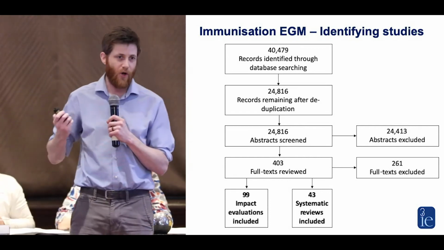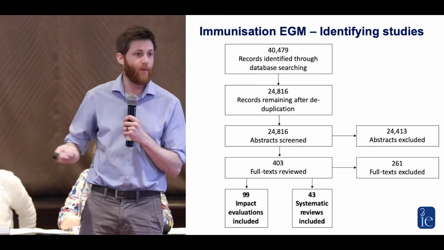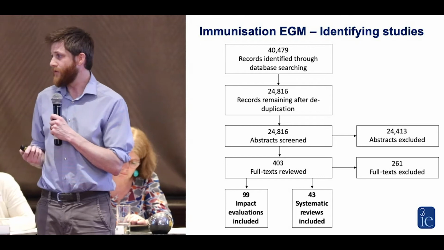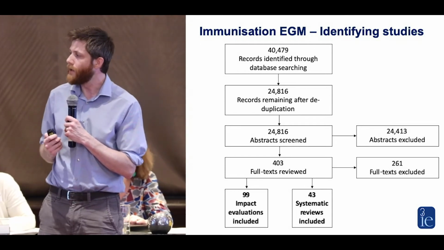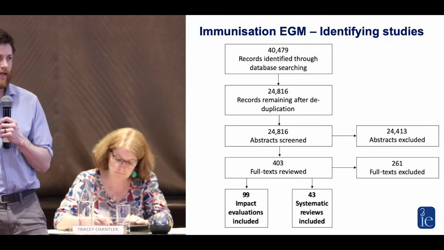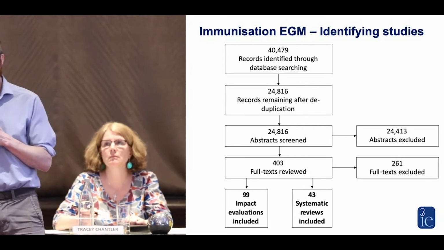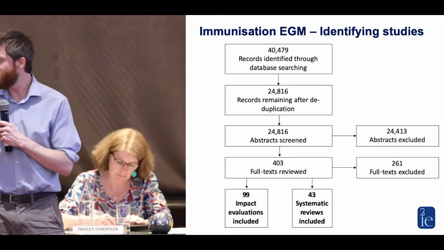I'll stress that these numbers are preliminary. We're still doing some supplementary searches of other potential sources of studies, and also continuing to review a few tricky cases. I'm saying this because I really hope we're going to get over that. We're stuck at 99 evaluations right now, but I'm pretty confident that we're going to get over 100 before all is said and done.